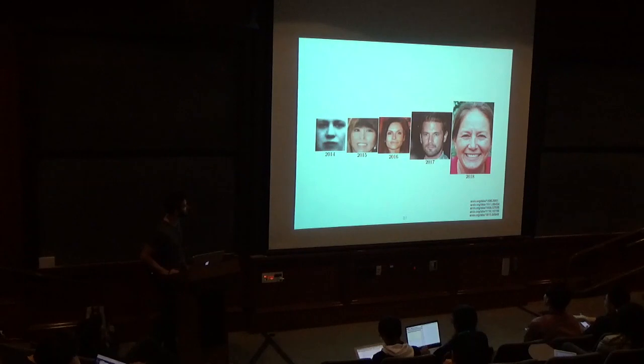So progress in this area has improved quite a bit over the last 4 or 5 years. And people are just astounded by the types of images you can generate these days.